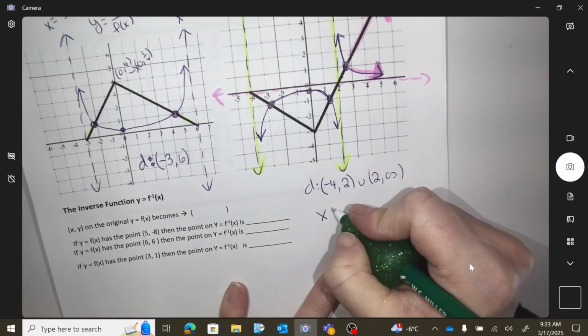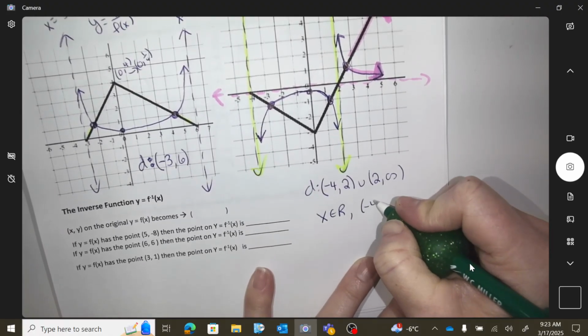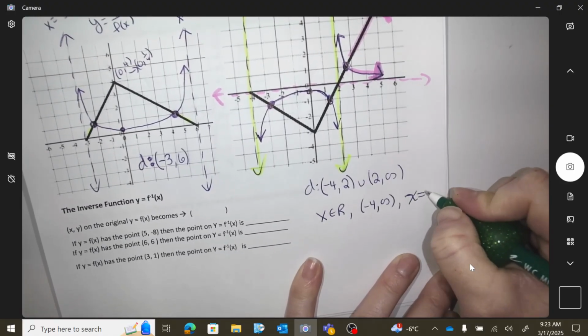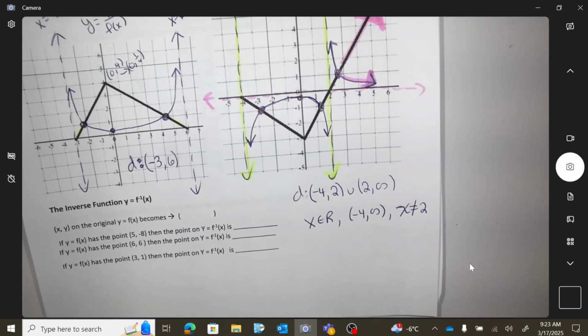So you could say x is all the real numbers from -4 to infinity, except you can't hit the 2 in that zone. As long as you've indicated some kind of domain showing me those x values can't be on them. Can't hit -4, you can't hit 2. Like if you're on a road, you've got to jump over a pothole or something.